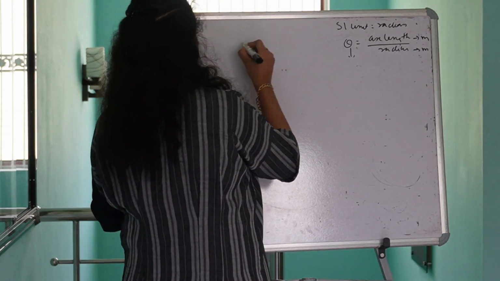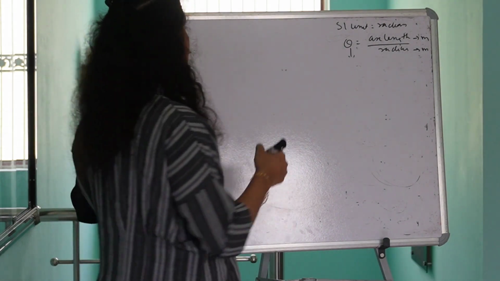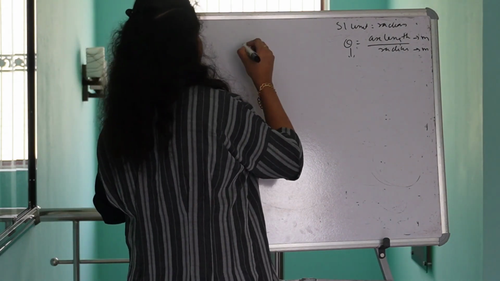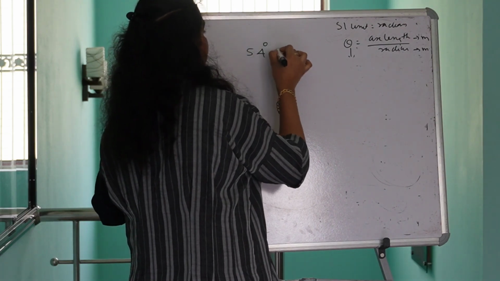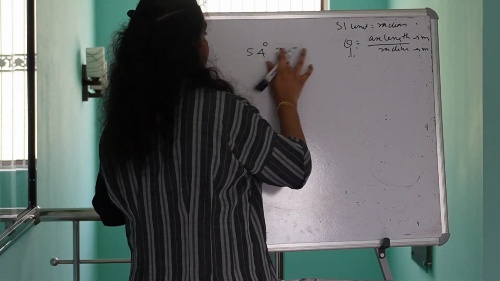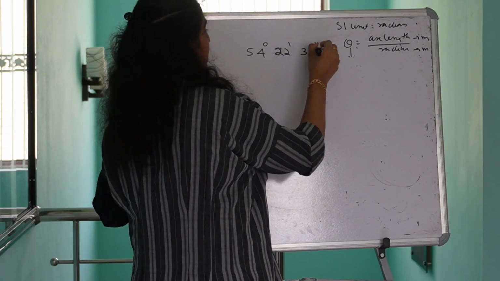Suppose the angular measurement is given in degrees, minutes and seconds, say for example 54 degrees 22 minutes 35 seconds.